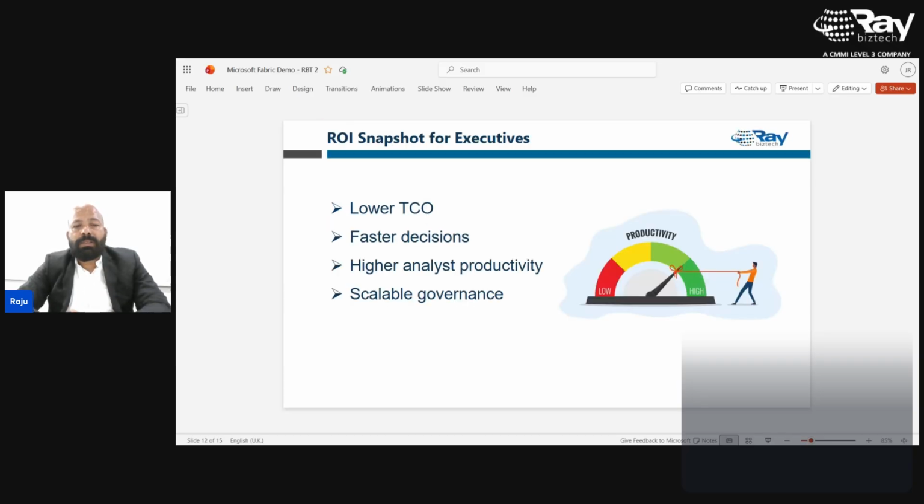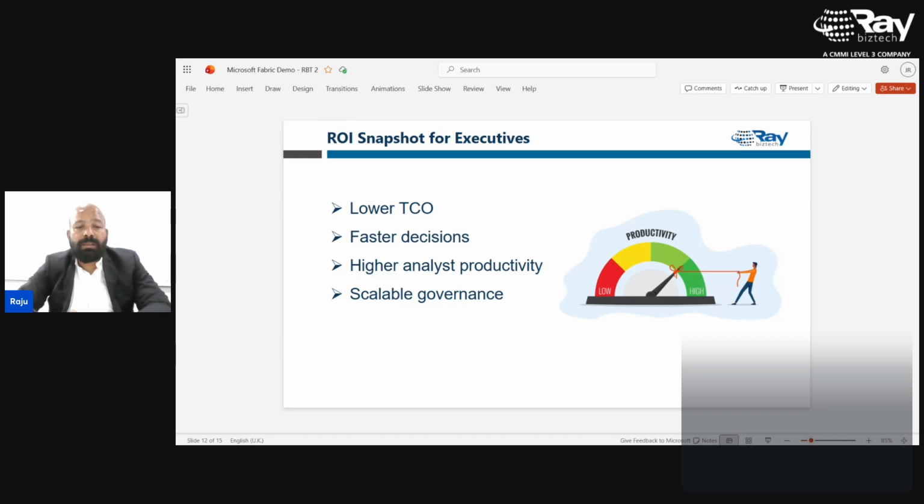ROI snapshot for executives. Lower total cost of ownership: as you're eliminating all the legacy software and vendors, the cost of ownership will be much lower. Unified analytics with OneLake acts as a single source of truth, so there is no data duplication or data silos.